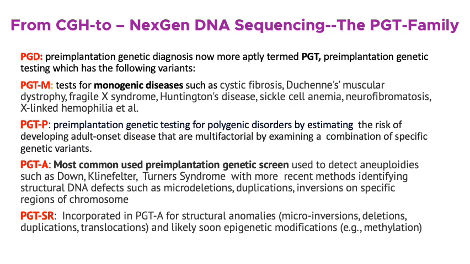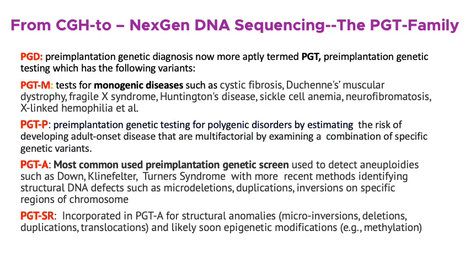PGT-D was originally described as pre-implantation genetic diagnosis, which was changed to a more aptly termed pre-implantation genetic testing, because you're not doing a diagnosis, which would imply that you're looking at a specific gene, but rather a screening for ploidy. And these tests were PGT-A and PGT-M, which can test for a specific monogenetic disease, such as cystic fibrosis, Duchenne's muscular dystrophy, Fragile X, Huntington's chorea, etc., as noted here.